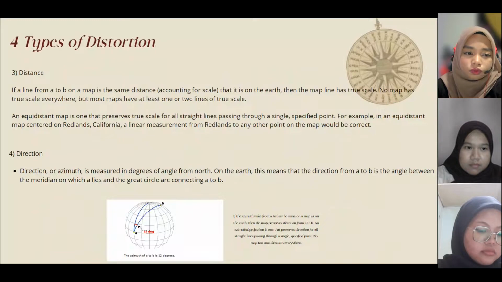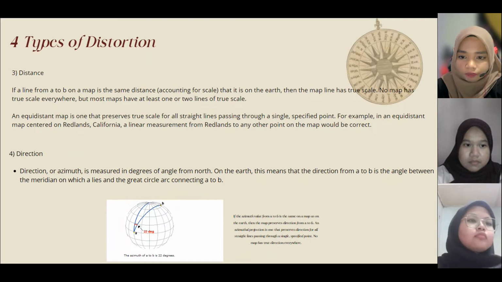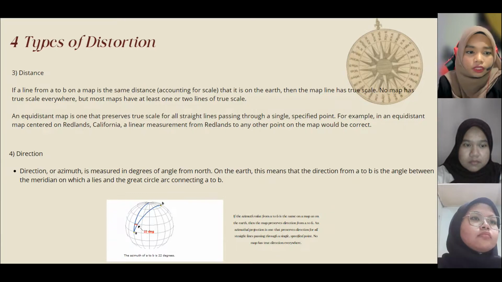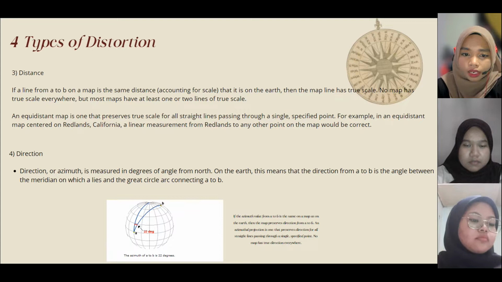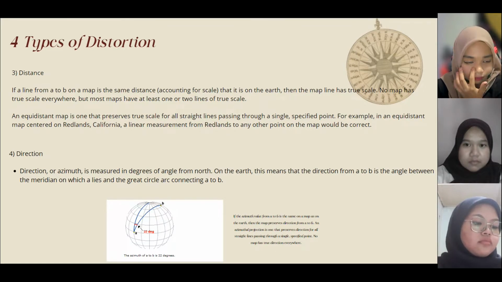No map has true scale everywhere, but most maps have at least one or two lines of true scale. An equidistant map is one that preserves true scale for all straight lines passing through a single point. For example, an equidistant map centered on Redlands, California. A linear measurement from Redlands to any other point on the map would be correct.